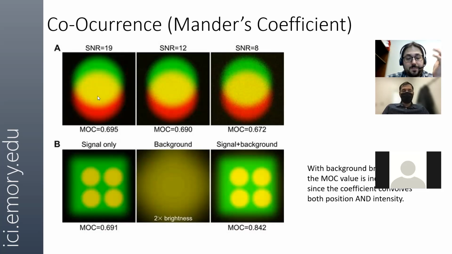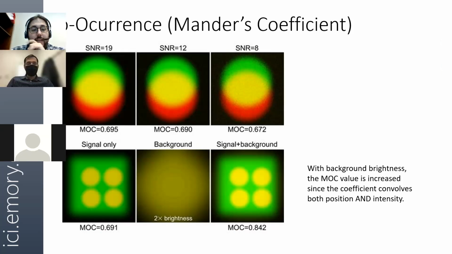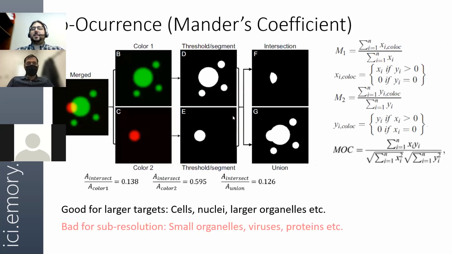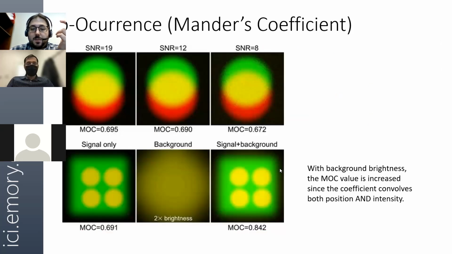What can be very problematic is that this coefficient takes into account not only the position of the signals, but also the intensity of them in terms of the overlap. Any kind of background noise or additional brightness will skew this coefficient in a way you don't necessarily want.